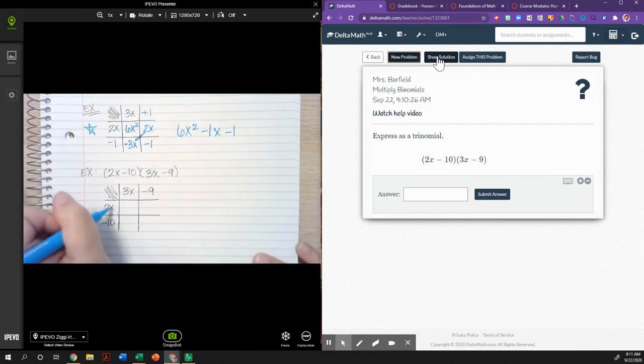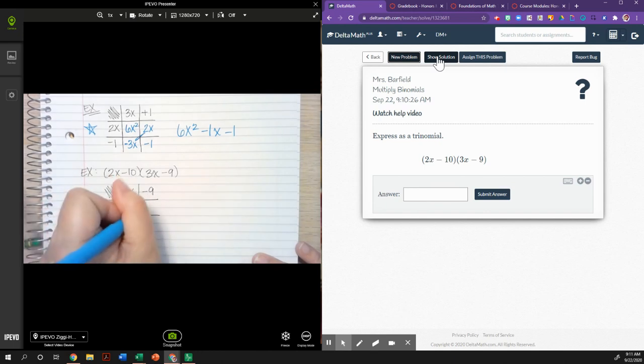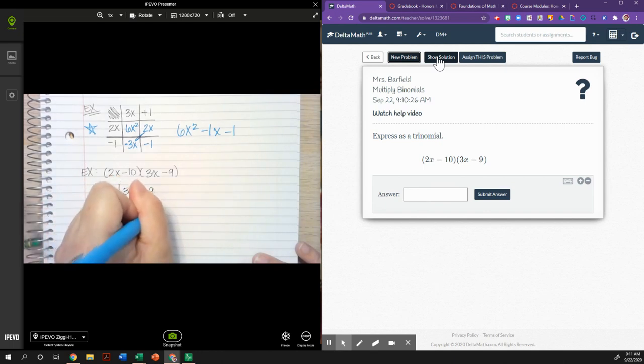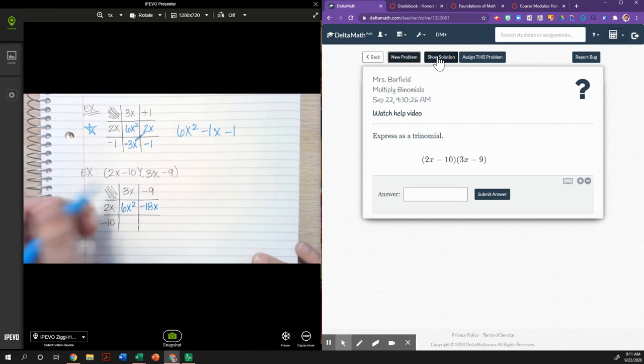So 2x times 3x is 6x squared. 2 times 3 gave me 6, and then remember you have exponents here of 1 plus 1 to give me 2. 2x times negative 9 is negative 18x. Negative 10 times 3x is negative 30x. And negative 10 times negative 9 is positive 90.